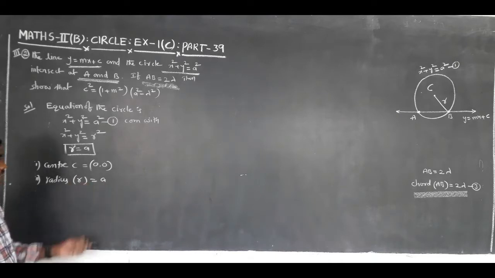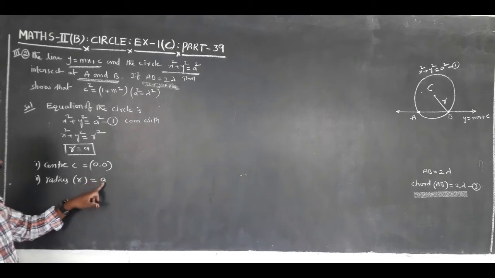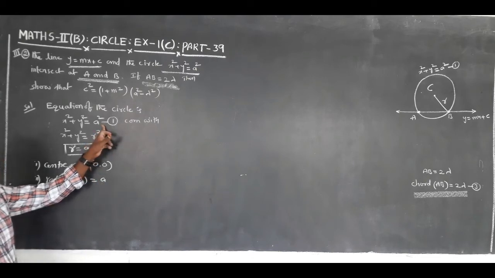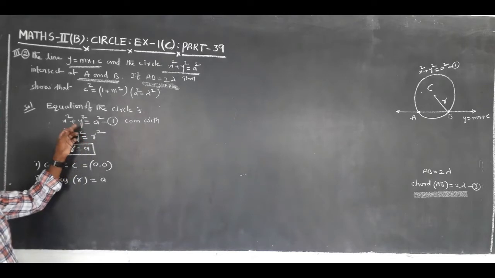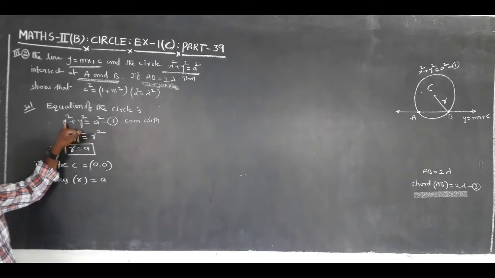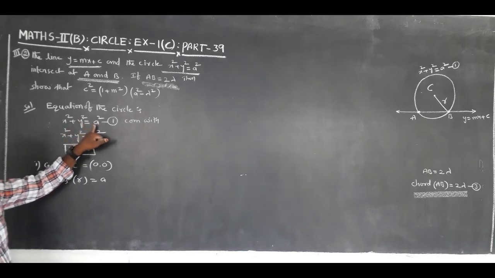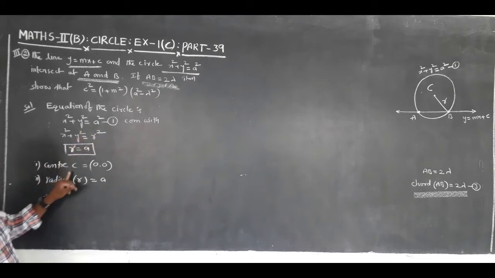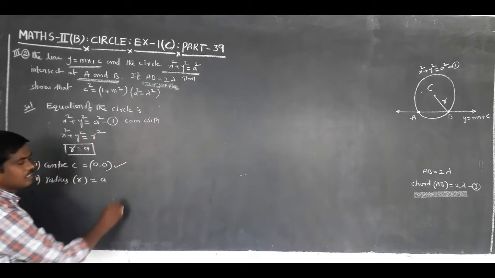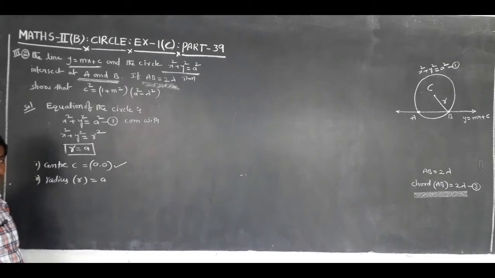Here we find the center and radius of the given circle. The given circle equation is x square plus y square is equal to a square. The center of the circle is the origin 0, 0. The radius of the circle r is equal to a.